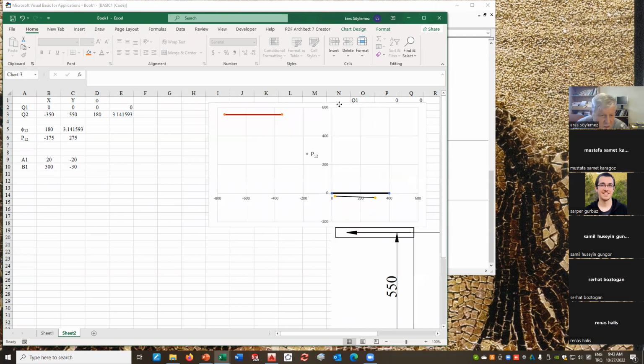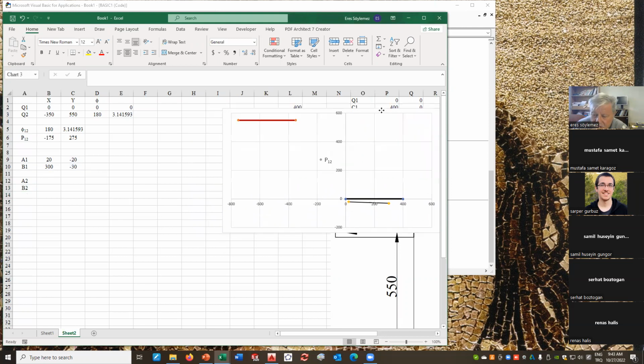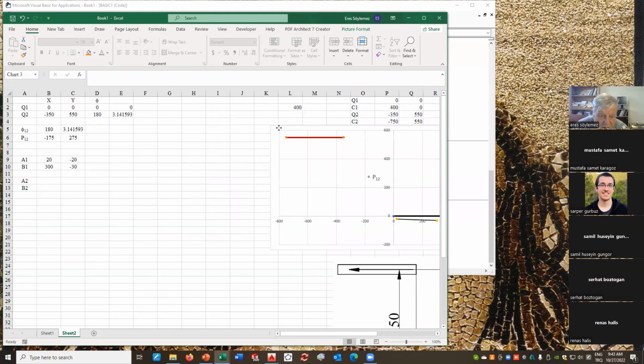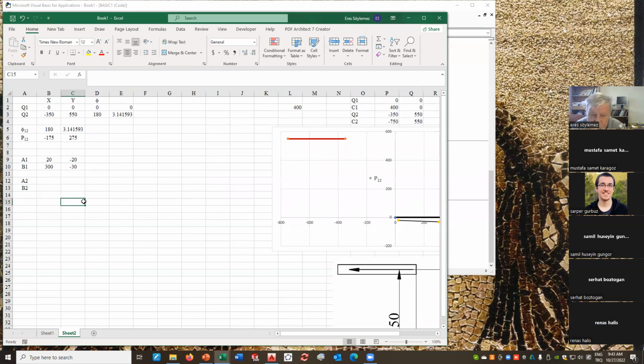Now I have to determine A2 and B2. Am I correct? How can I determine A2, B2? Can somebody recommend me something? I know the pole.